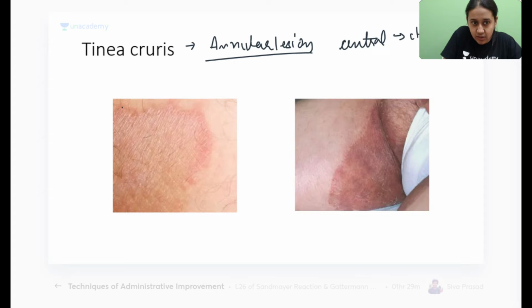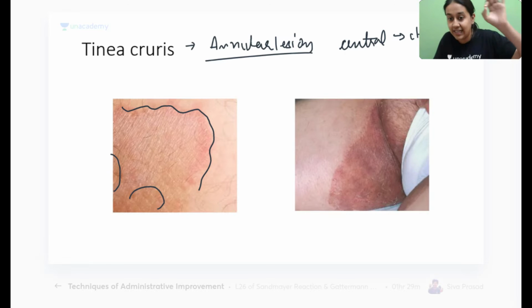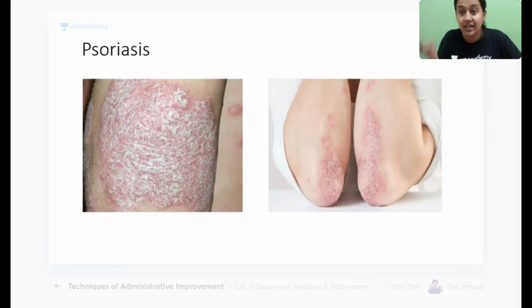Can you see? It's an annular lesion. The margins are erythematous, scaling in the margins, and you can see there are clear centers. So this is how an annular lesion of tinea looks, and this comes under the red scaly lesion DD. Tinea cruris comes under the differential diagnosis of red scaly lesions.